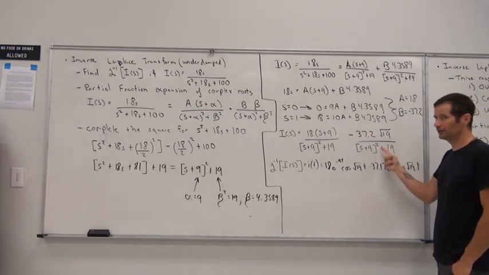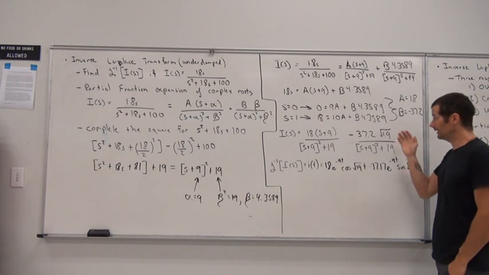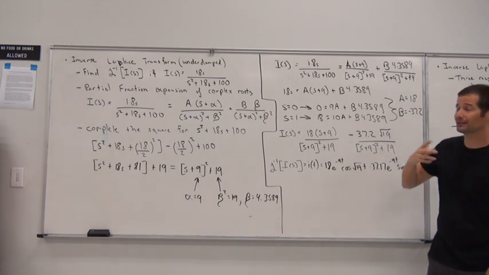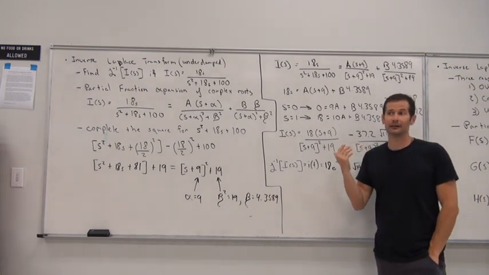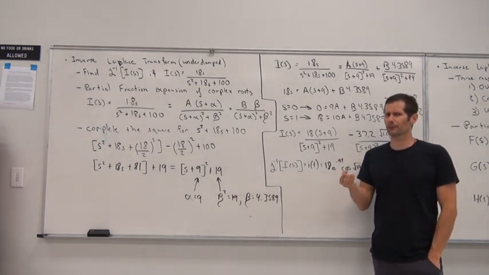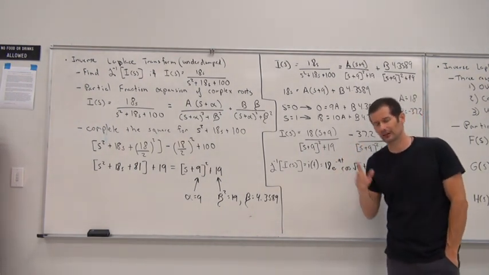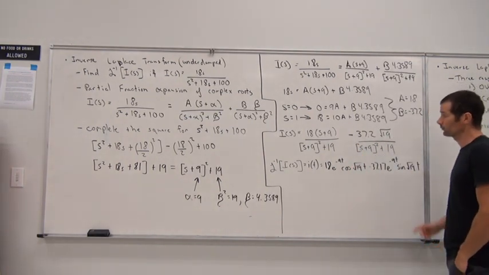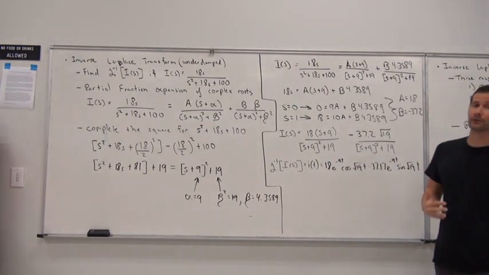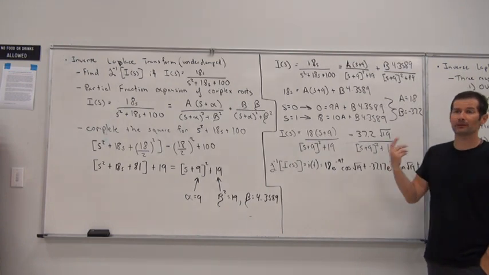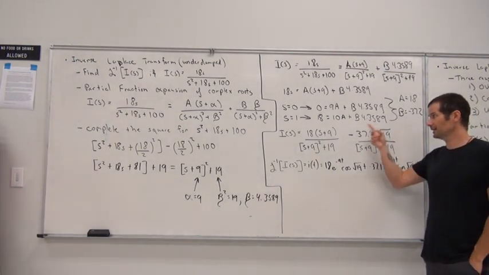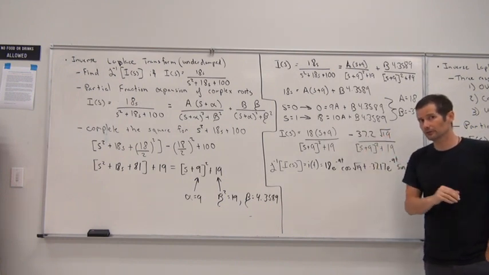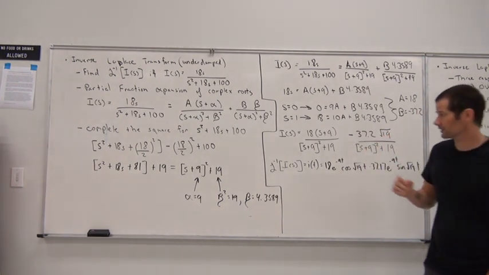Do not multiply those two together, because when you take the inverse Laplace transform, number one, that's going to be incorrect, and number two, I would have to count off for that on your exam. So let's not do that. Keep that in mind. This is the reason why I say practice these over and over again. Do it 5 times in a row, just to make sure that you have it automatic. You're not going to make that mistake on a test.